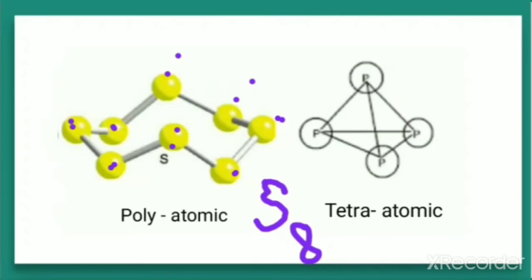Here S represents the symbol of sulfur and 8 represents the number of atoms present in the sulfur molecule. Instead of using a further name, we will use the name poly. Poly means more than 4, we can take it as poly. So some molecules exist in nature in the form of polyatomic molecules. So that is sulfur.